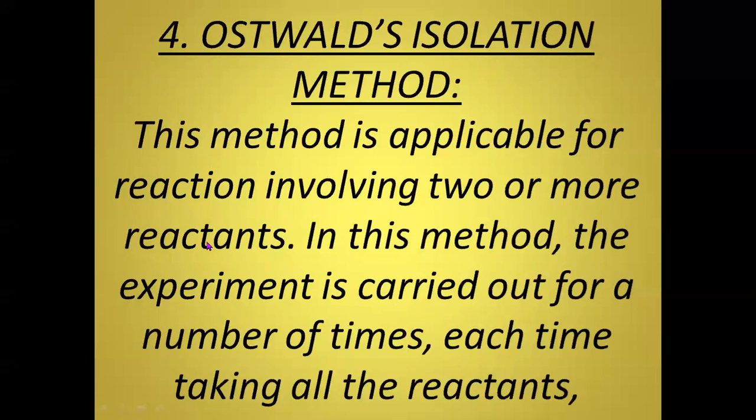In first we have 3 molecules of A, in second 2 molecules of A and 1 molecule of B, and in third 1 molecule each of A, B and C. If we have A, B and C, then we have to isolate either A or B or C by taking the other two in large quantity or in excess.